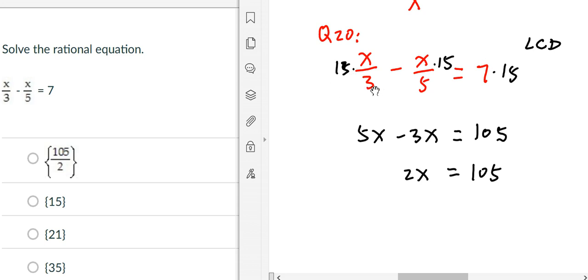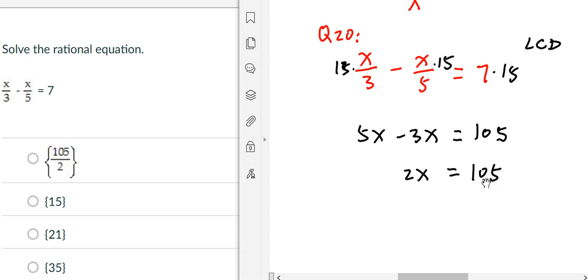And 15 divided by 3 is 5. 15 divided by 5 is 3. 7 times 15 is 105. The equation becomes so easy after you multiply the LCD everywhere. 5 minus 3, you have a 2, so 2x on the left.